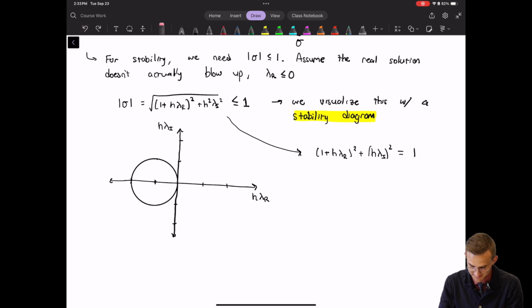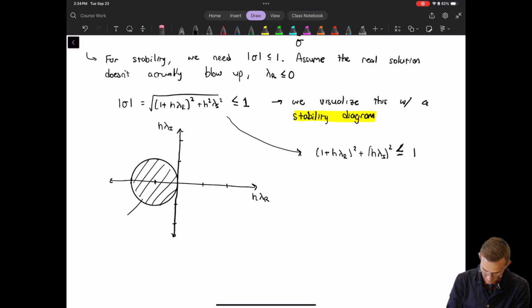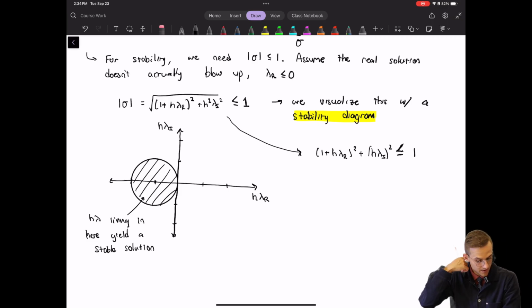So that's the set of points for which this equivalence is true, but remember it's actually a less than or equal to sign. So in that case, everything on the inside of the circle has a stable solution. So h lambda living in here yields a stable solution, or a solution with an amplification factor that is less than or equal to 1.